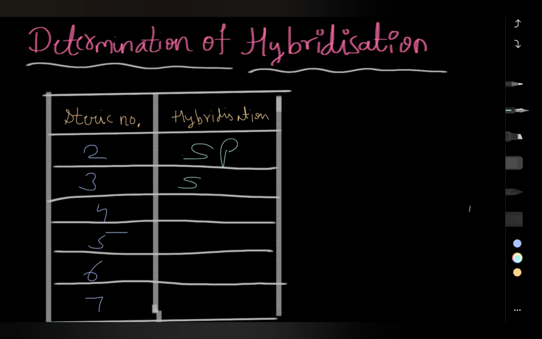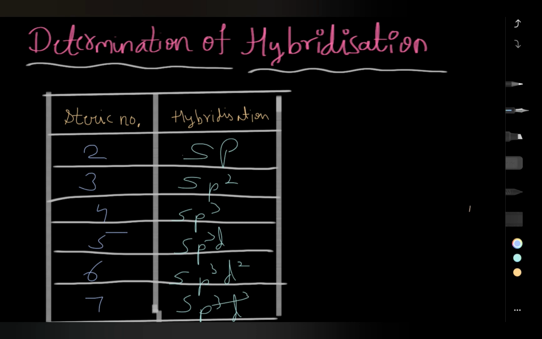If it is 3, the hybridization is sp2. If it is 4, the hybridization is sp3. If it is 5, the hybridization is sp3d. If it is 6, the hybridization is sp3d2. And sp3d3 for 7.